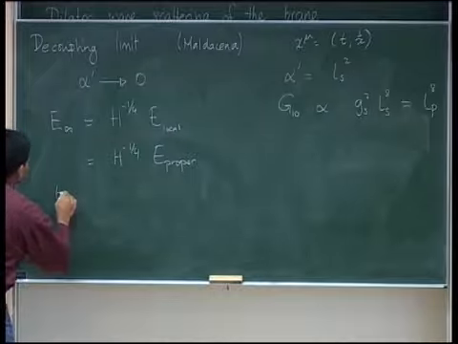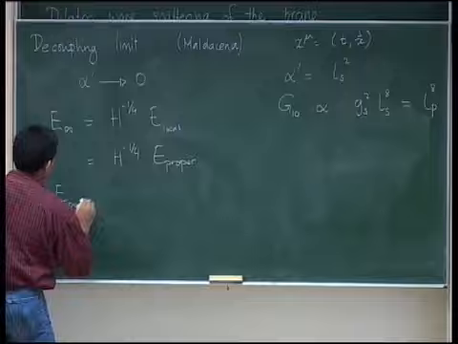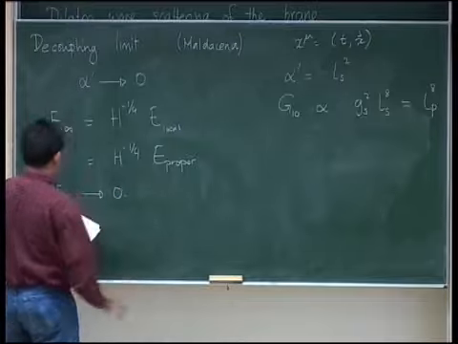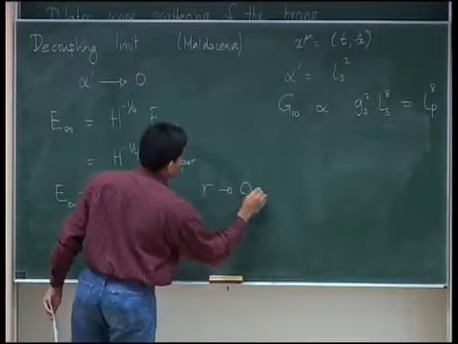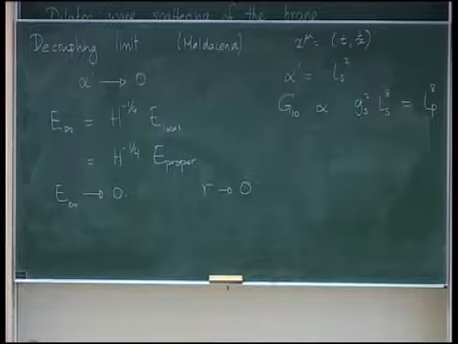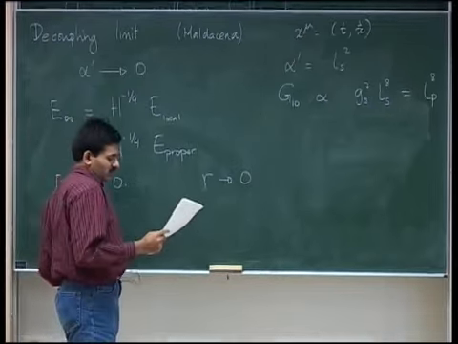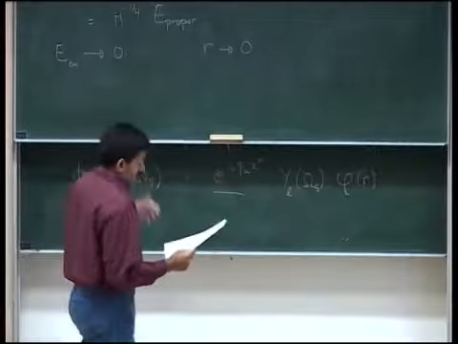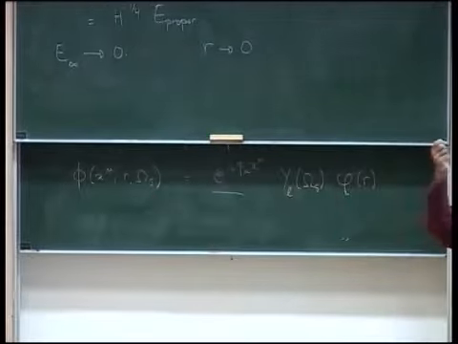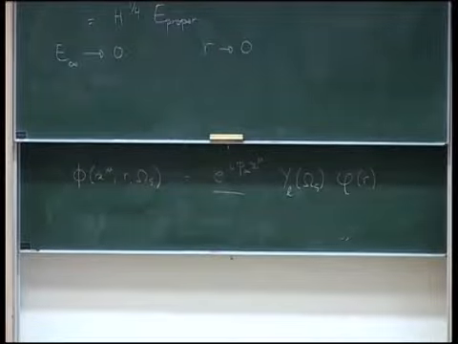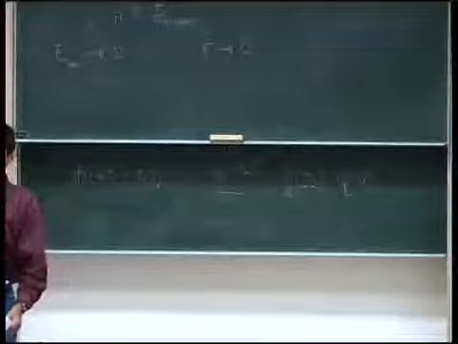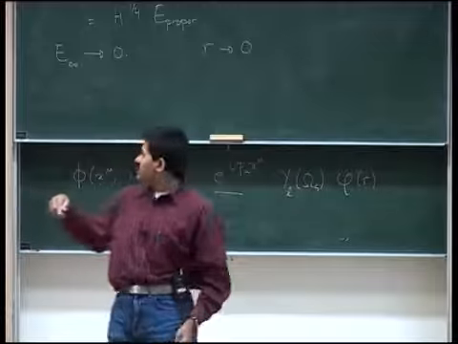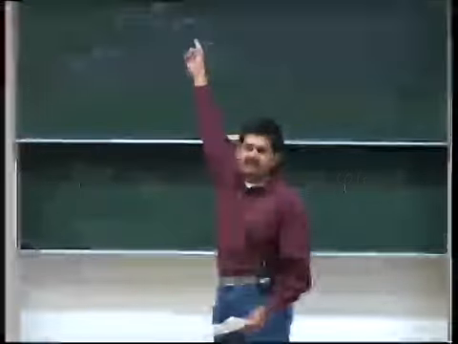And in particular, the energy measured at infinity goes to 0 as r goes to 0, by just the standard redshift argument. And this comes close to addressing the question that was just asked, which is how do I keep finite energies down the throat? It's just because I have a non-trivial redshift.